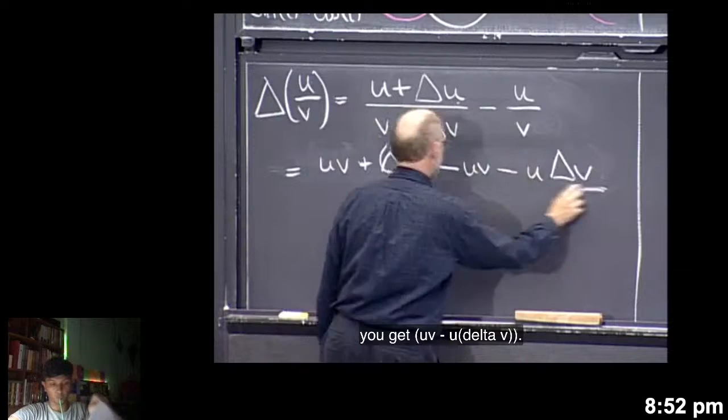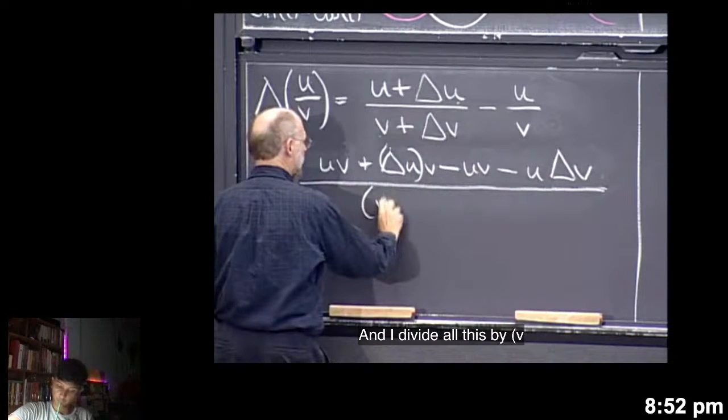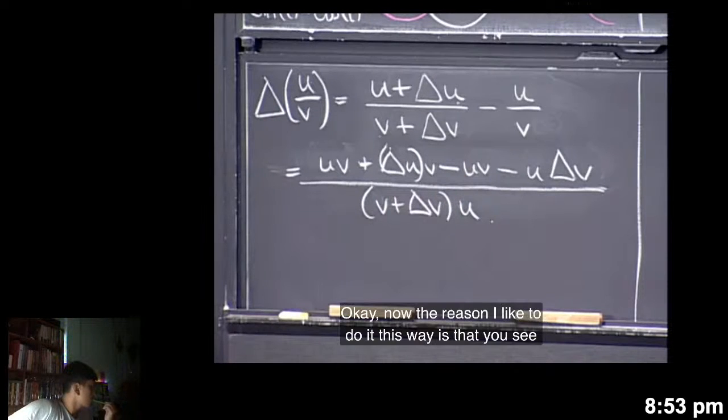And I divide all this by v plus delta v times u. Okay. Now the reason I like to do it this way is that you see the cancellation happening here. uv and uv occur twice, and so I can cancel them, and I will.